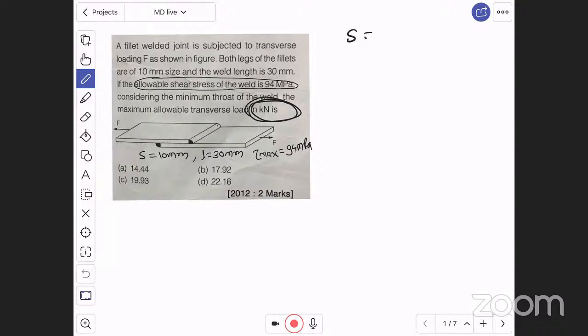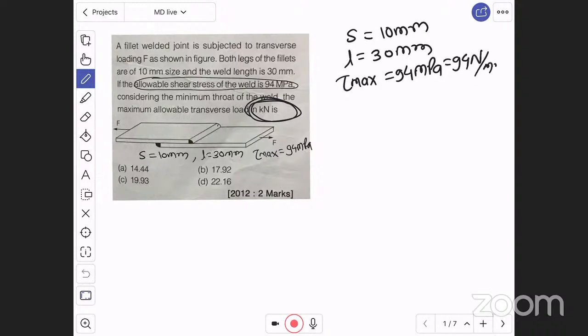Here weld size, or leg size, or plate thickness is given as 10 mm. Length of weld is given as 30 mm. Maximum shear stress is given as 94 MPa, which is nothing but 94 Newton per mm square.